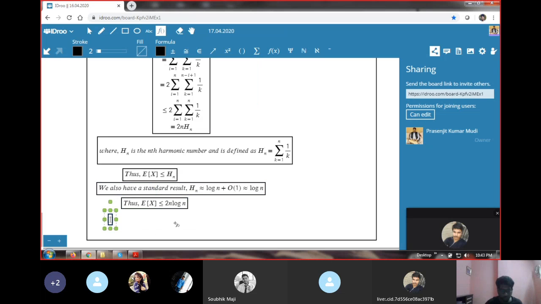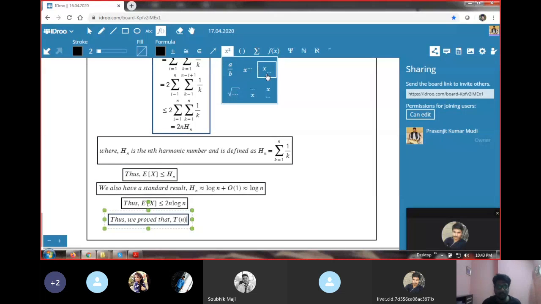In conclusion, this proves that the number of comparisons in the randomized quicksort algorithm gives us the time complexity.